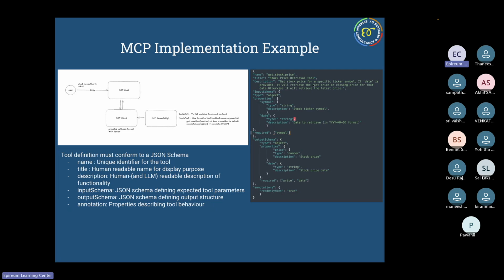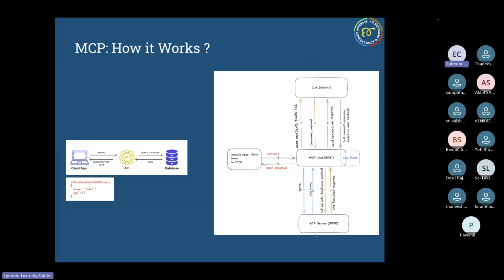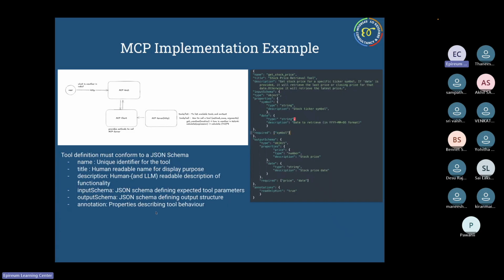The LLM will decide everything and send that information back to the host, so that the host will do the rest of the job. This is how the tool list will be identified.